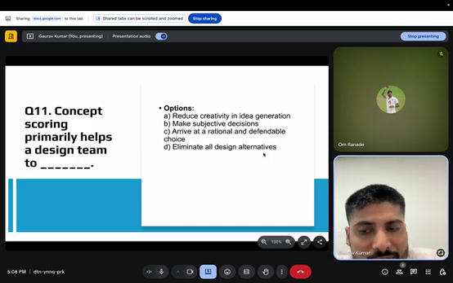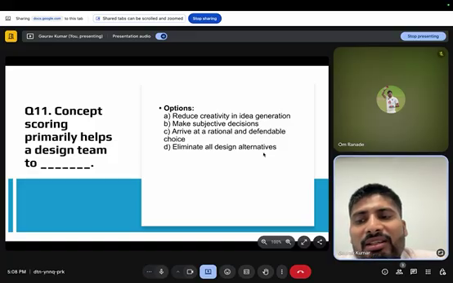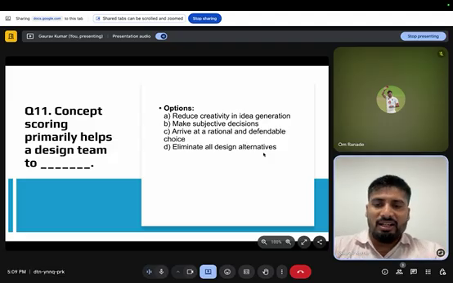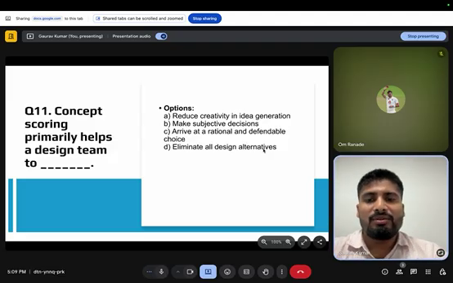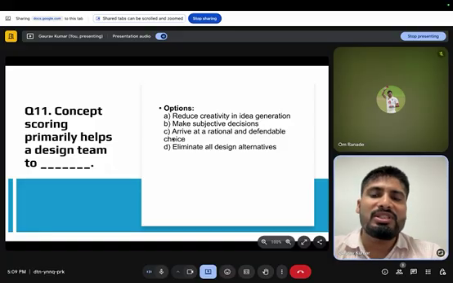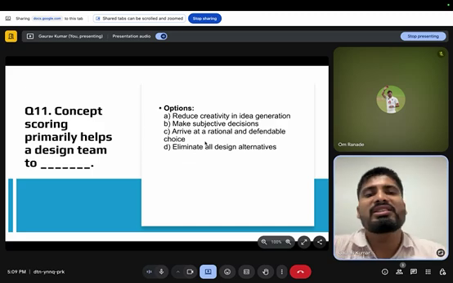In week 12, these principles exemplify professional accountability in design. Decisions grounded in quantifiable logic are essential when multiple stakeholders, the manufacturers, users, and investors, require transparent justification. So the right answer for this question is option C, arrives at a rational and defendable choice.